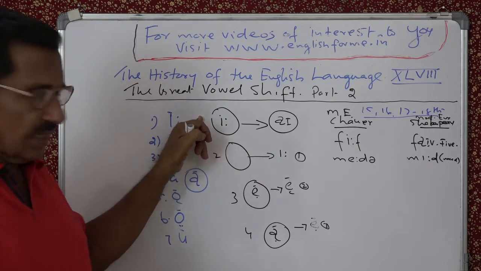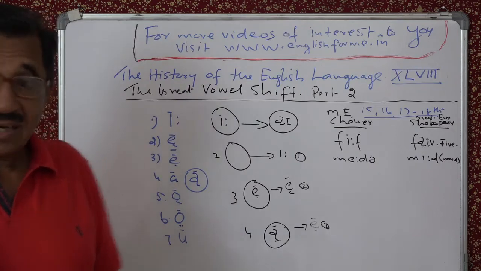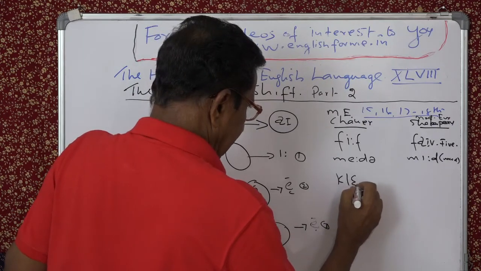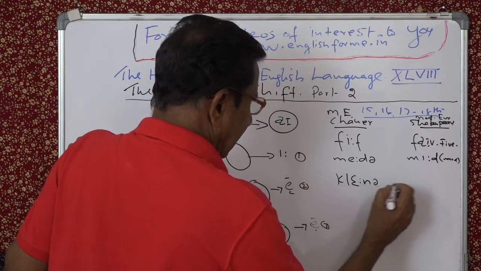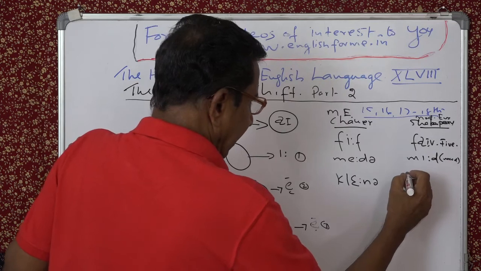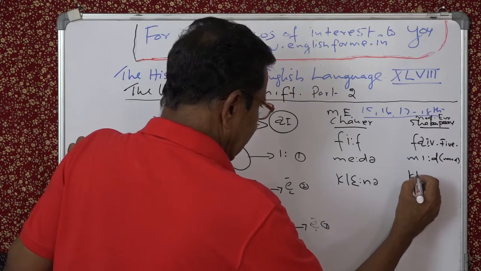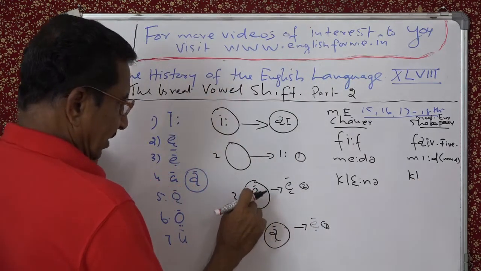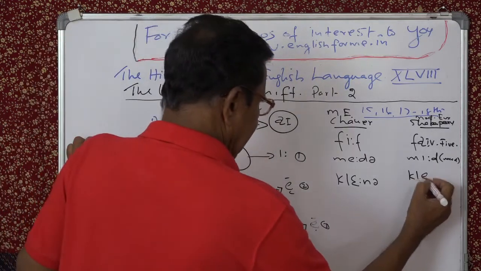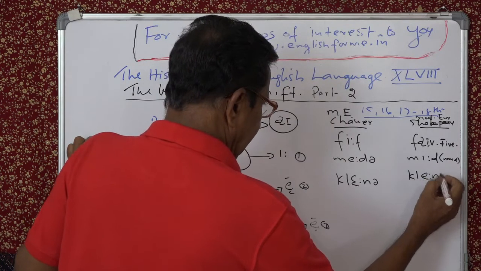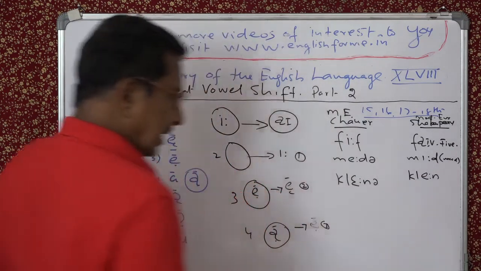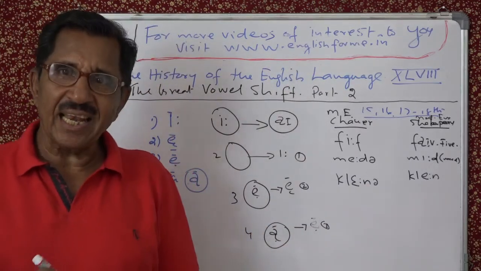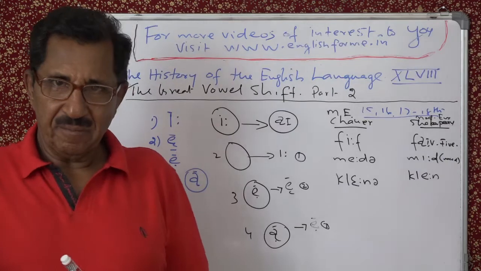So then what happens is next word is clan. Clan. And that is in Shakespeare's time it is pronounced as this word. That is clan. This clan was pronounced like lane, L-A-N-E, lane.